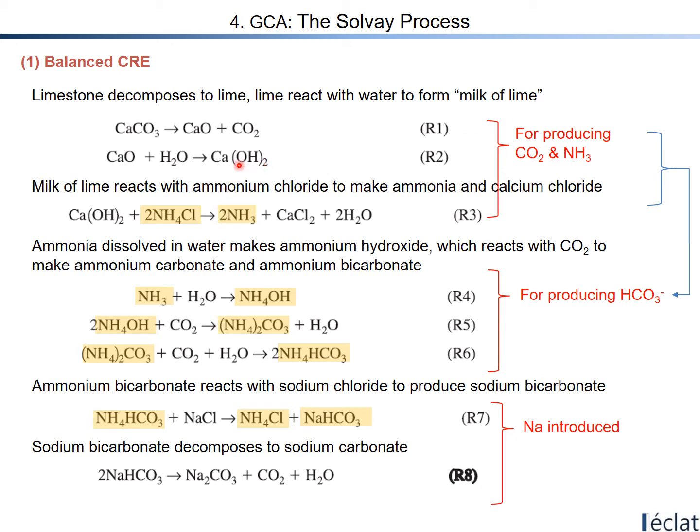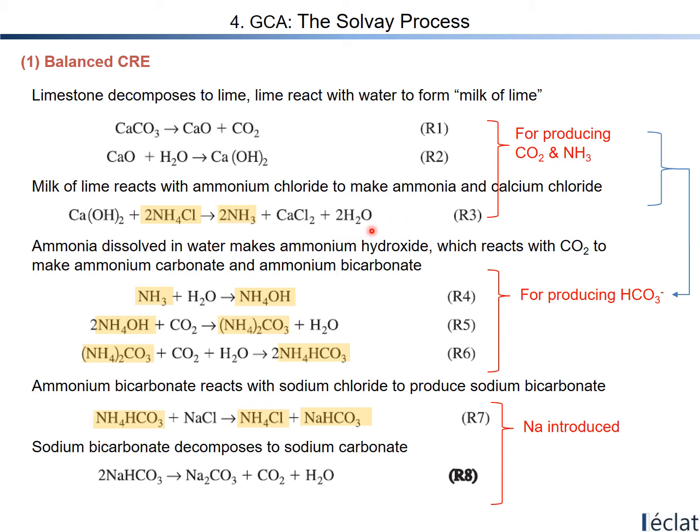And then this milk of lime is going to react with ammonium chloride to make ammonia. This is another target of this group of reactions. Ammonia plus some byproducts like calcium chloride and water.